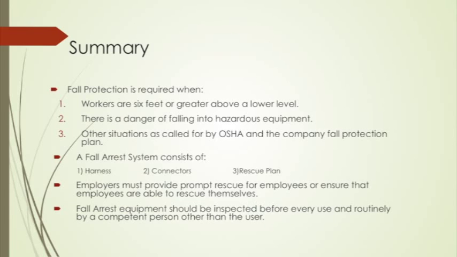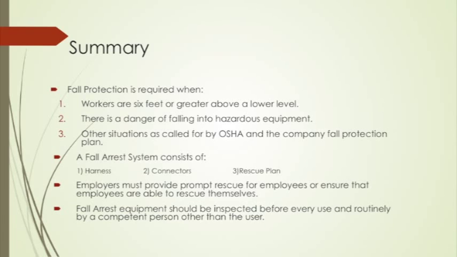In summary, fall protection is required when workers are 6 feet or greater above a lower level, where there is danger of falling into hazardous equipment, and in other situations as called for by OSHA and the company fall protection plan. A fall arrest system consists of a harness, connectors, anchorage, and a rescue plan.